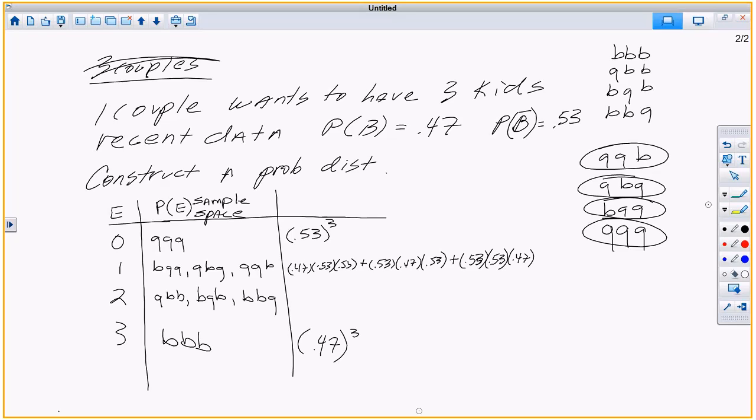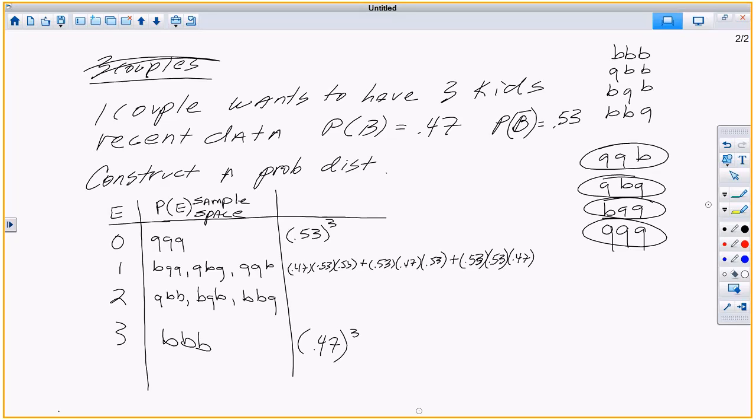That's the long way. What's the easy way? 0.47 times 0.53 squared. Exactly. 3 times what? 0.47 times 0.53 what? Squared. That's the easy way to do it.